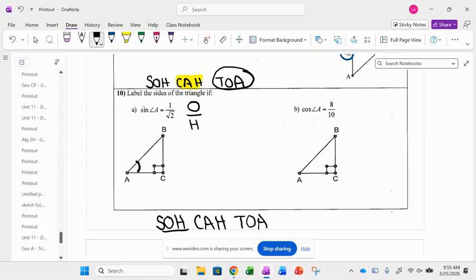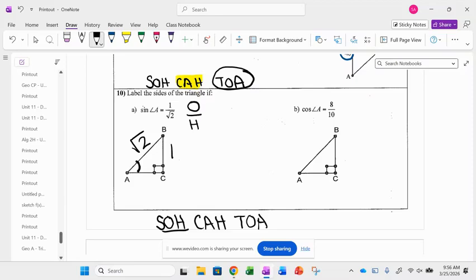So now when I go to label this triangle, I have to label the one on the side that's opposite angle A. Which side is opposite angle A that I should put the 1 on? BC. And then the hypotenuse, I have to label with the square root of 2. Well, don't we agree that AB is the hypotenuse, so that's the square root of 2?